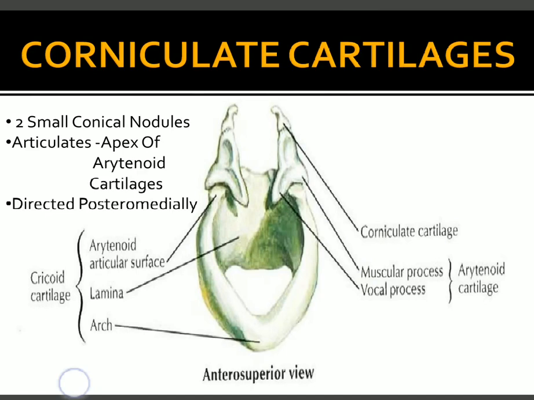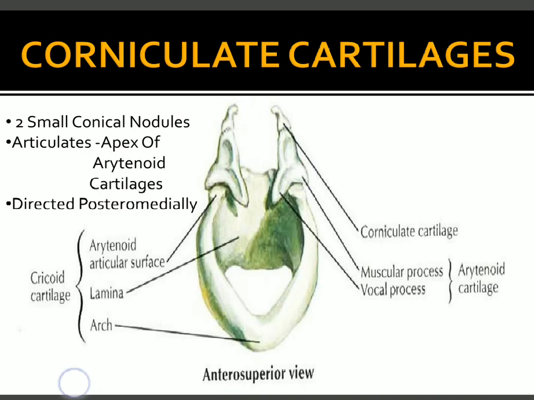Next are the corniculate cartilages. The corniculate cartilages are again two in number. They are small conical nodules that lie on the apex of the arytenoid cartilages, and they articulate with the arytenoid cartilages. They are also directed posteromedially. This is the posterior side, this is the anterior side. So they are directed posteriorly and medially, towards the medial side.